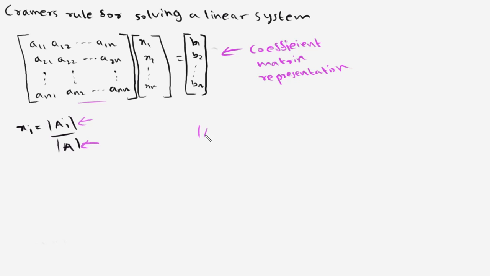Ai is the determinant of a new matrix, which is obtained by replacing a relevant column of this matrix using this column matrix.